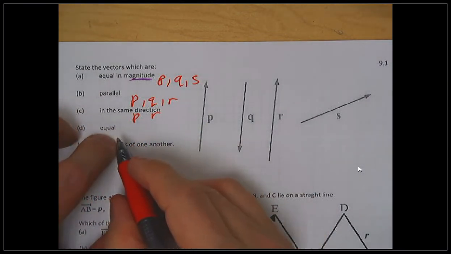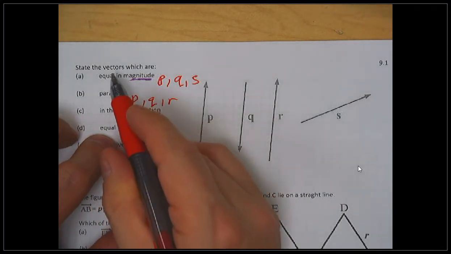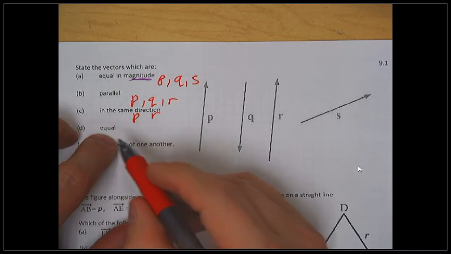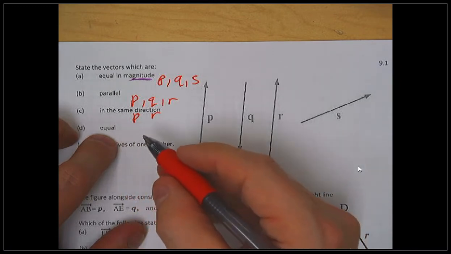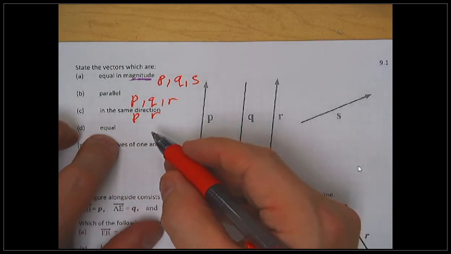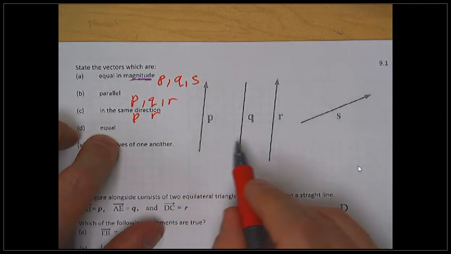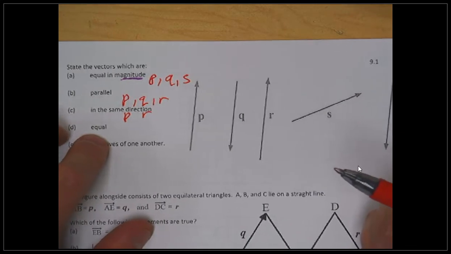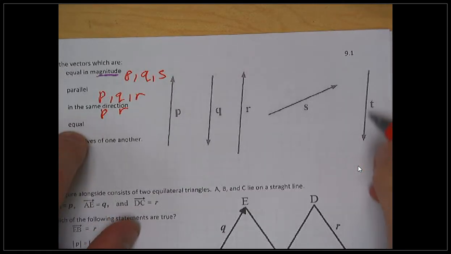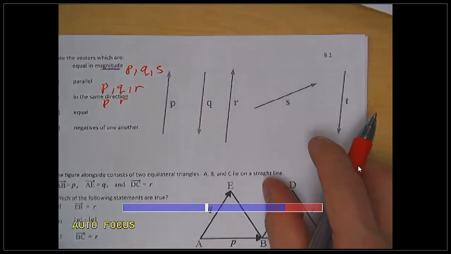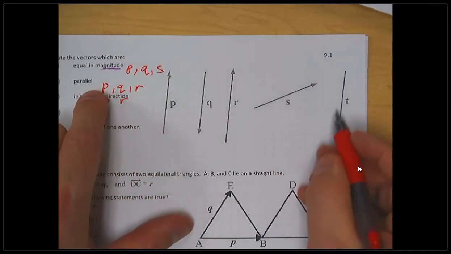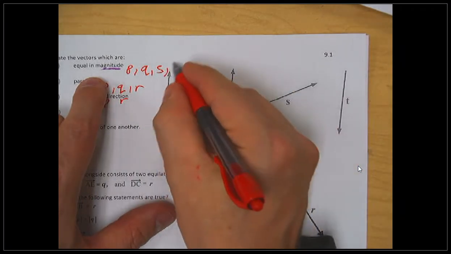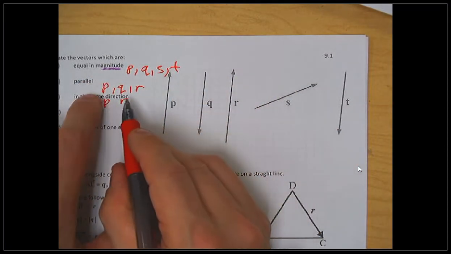What vectors are equal? Well, if the definition of a vector is magnitude and direction, then if vectors are equal, it means that you have two vectors that are going in the same direction and they have the same magnitude. And in this case, I don't see that we have any equal vectors at all here. Oh, I'm sorry, I see one over here that I've completely ignored the whole time. It looks like this vector here is also going to be the same size, so we're looking at T here.